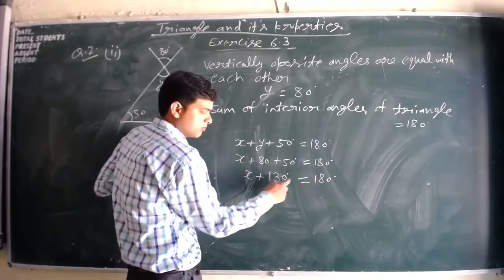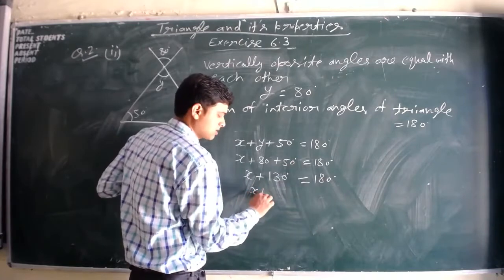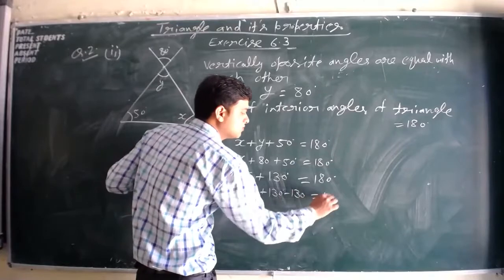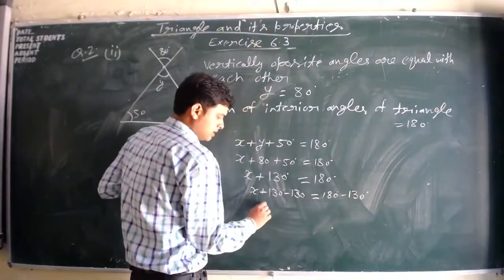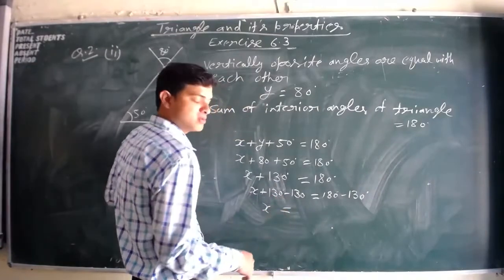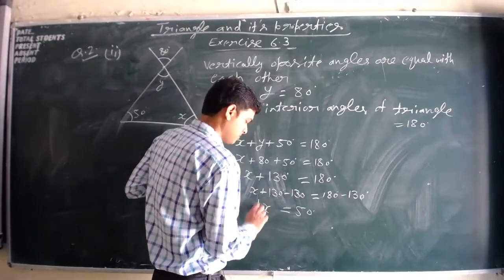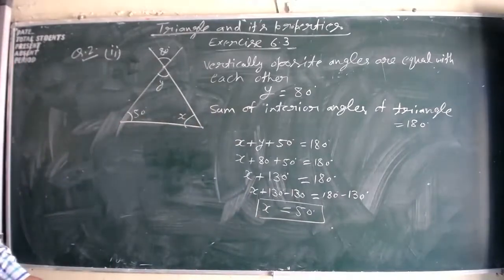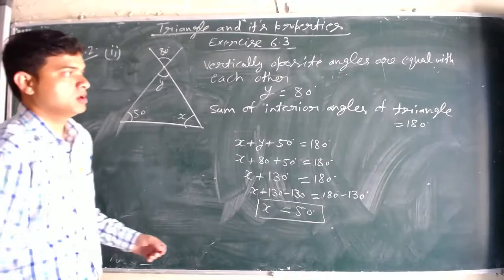So 130 minus 130 is equal to 0, and 180 minus 130 is equal to 50. Now the value of x is equal to 50 degrees. Clear? Any doubt, guys? No.